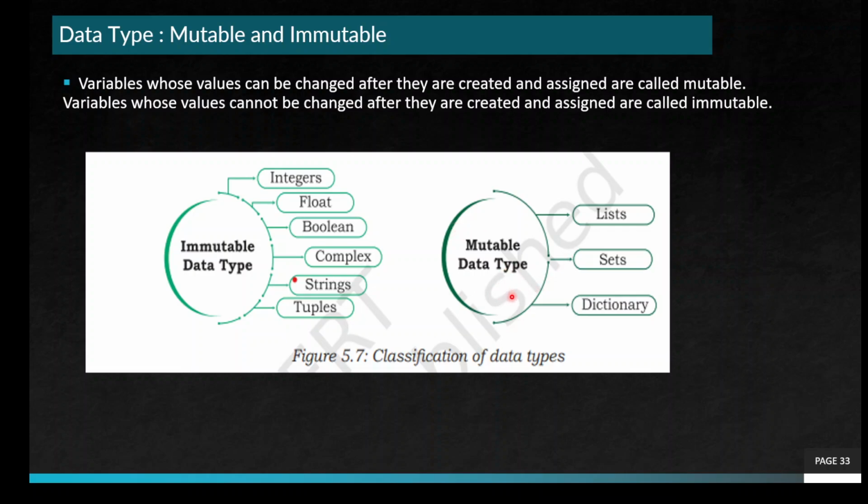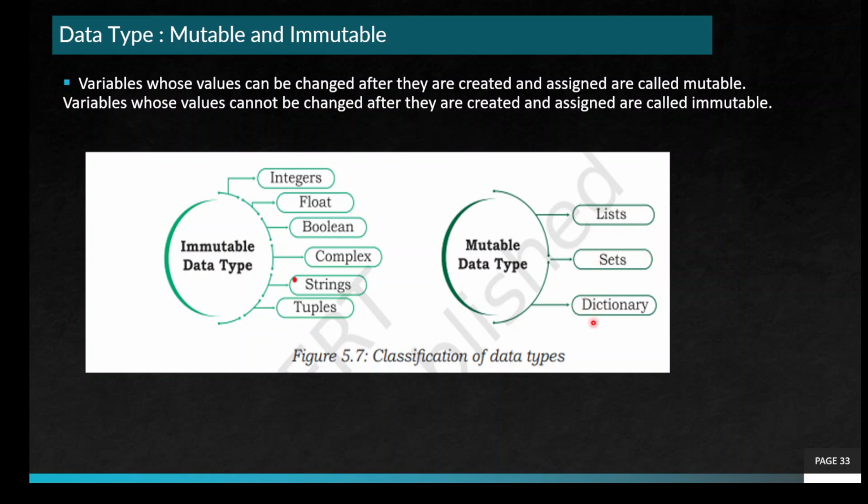And what are the mutable data types? Like list, sets, and dictionary. In this case, whenever we change a value in the list, let's say we have a list of 1, 2, 3, 4, 5, and we change the second element, which is 2, to maybe 7, then the address will stay the same.